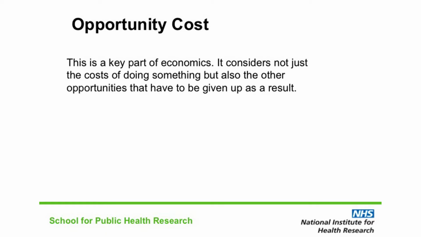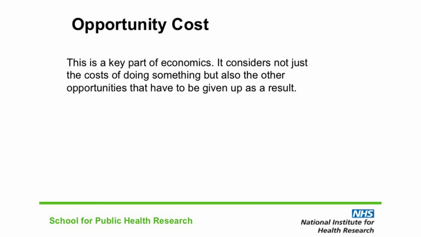As I mentioned, economics is different from accounting, as it also considers the alternative use of resources. That's called the opportunity costs, which I'll go into in more detail next slide. But in brief, that means not just the costs, but the alternative use of the resources. So opportunity cost is one of the key differences between economics and accounts, and it's considered to be one of the key parts of economics.